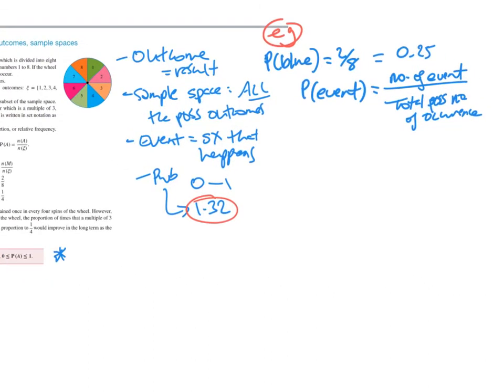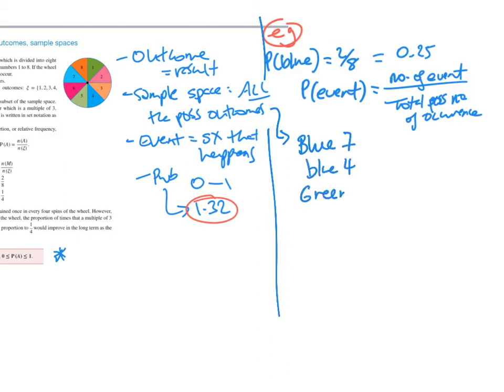The sample space for this spinner example is maybe blue 7, blue 4, green 1 and green 5, and light pink 6 and 2. I think they've coloured it so that we can just see the difference of all those wedges.